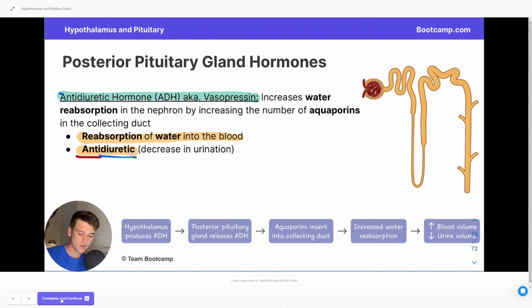So then what do we have with antidiuretics? When antidiuretics are present, we should expect the opposite scenario to occur. We should expect an excretory product with a low water content. And we know that this is what antidiuretic hormone does because we already know that it increases the number of aquaporin channels and helps us reabsorb water in the collecting duct of the nephron of the kidney.